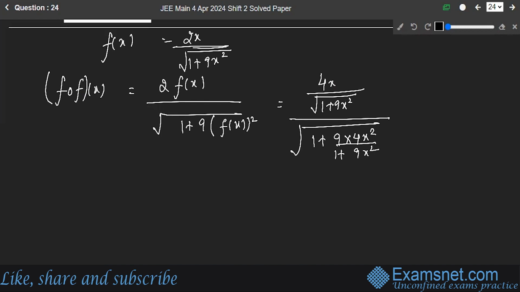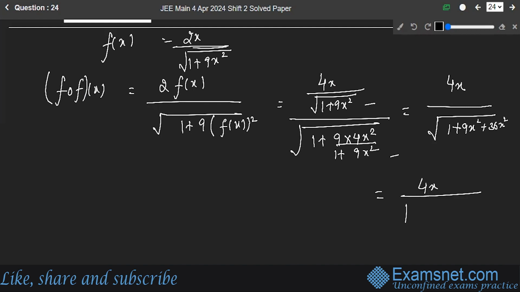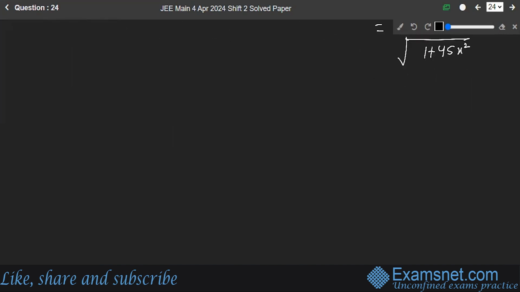Correct. So solving this will give me 4x, because root of 1 plus 9x square will cancel from the numerator and the denominator, which will have 1 plus 9x square plus 36x square, or this will be equal to 4x upon root of 1 plus 45x square. This is f of f of x.